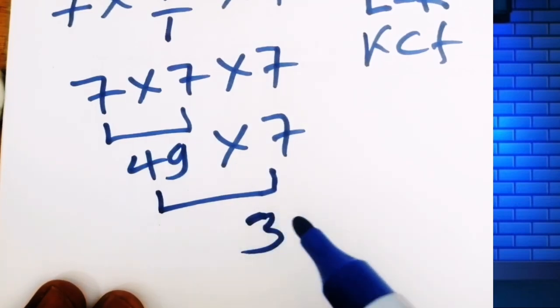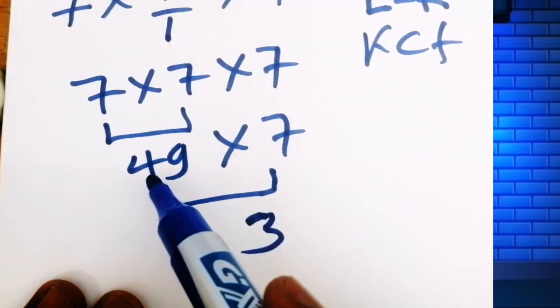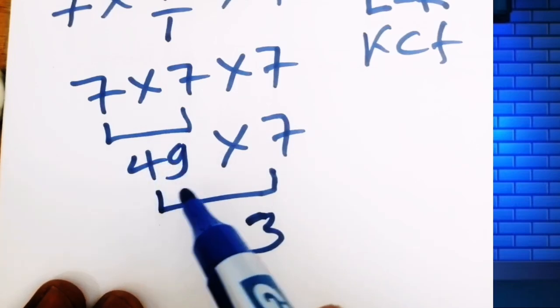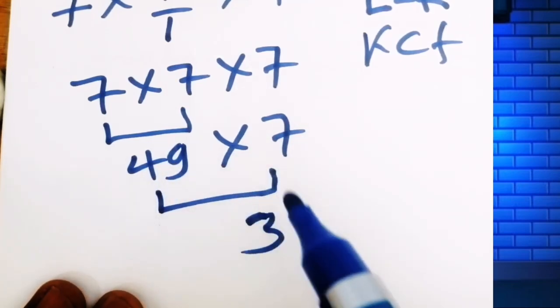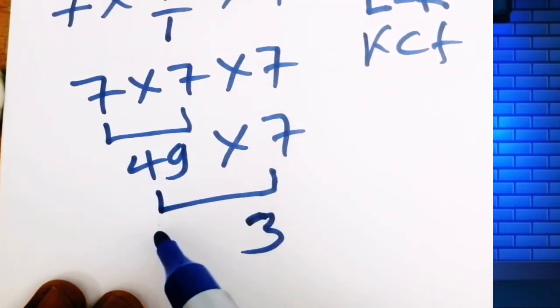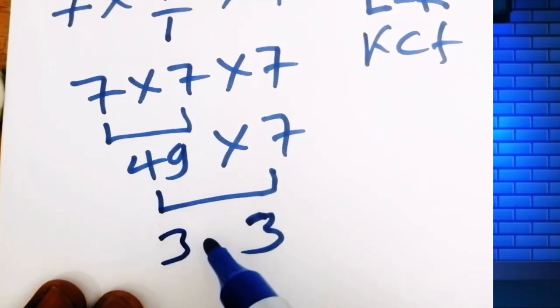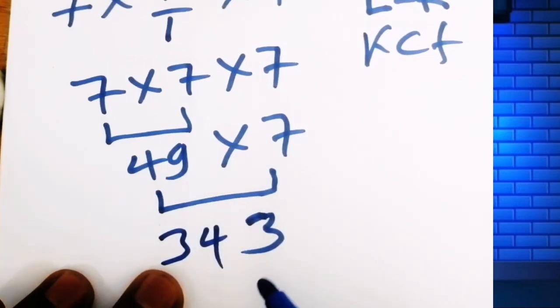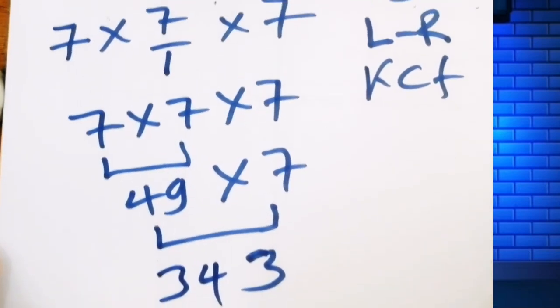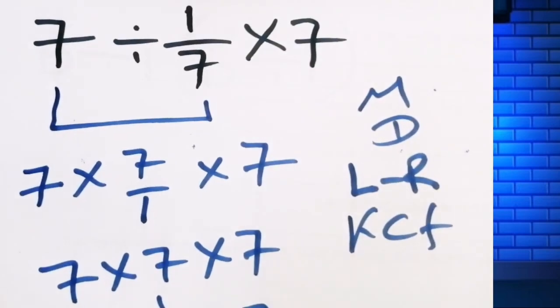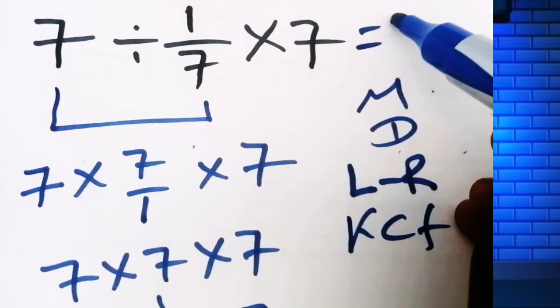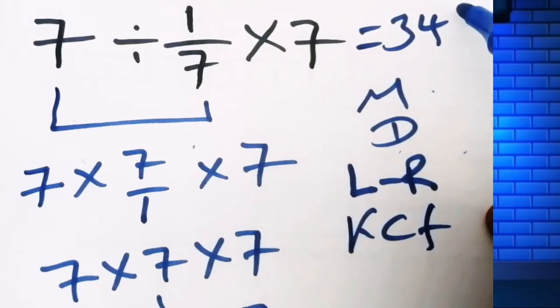Write 3, remainder 6, and 7 times 4 is 28. Then 28 plus 6 gives us 34, okay? So it is 343. The correct answer of this problem is 343.